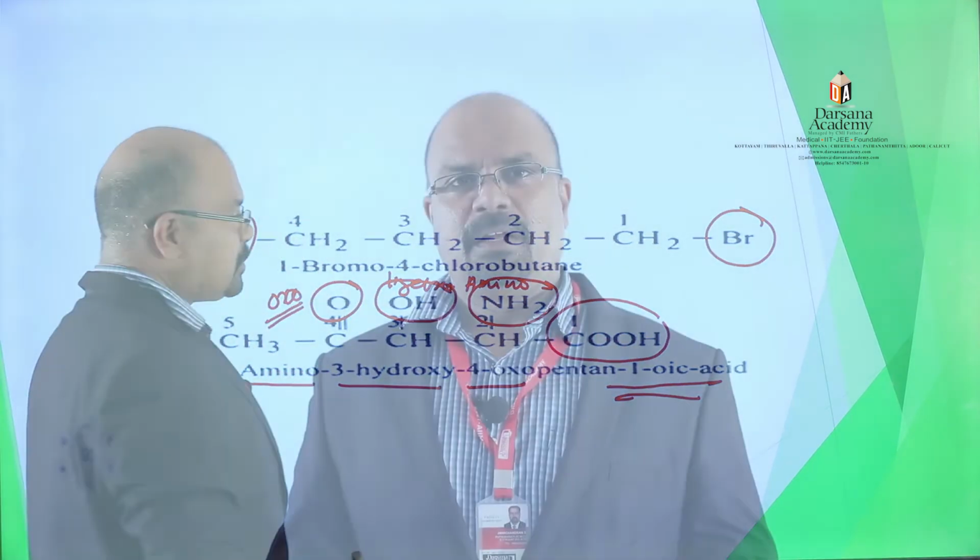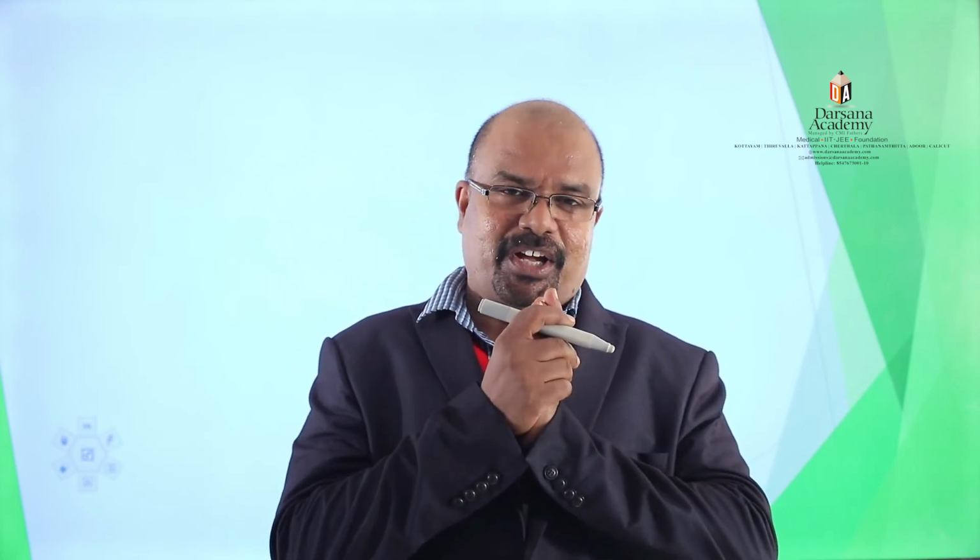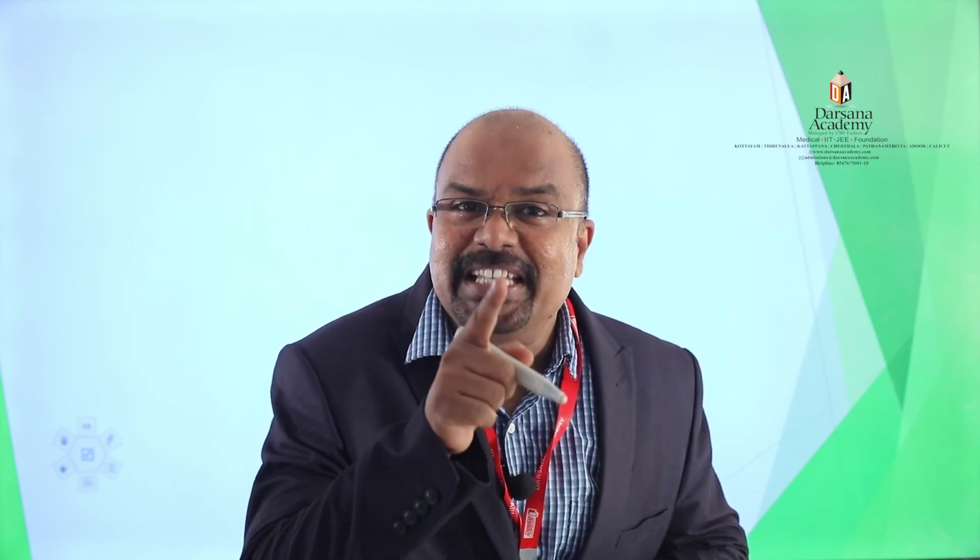Clear? Dear students, I explained the major, important points for naming a compound. We start from open chain hydrocarbons. For naming an open chain hydrocarbon, we need only the word root and the primary suffix. You know, the primary suffix indicates whether the compound is saturated or unsaturated.